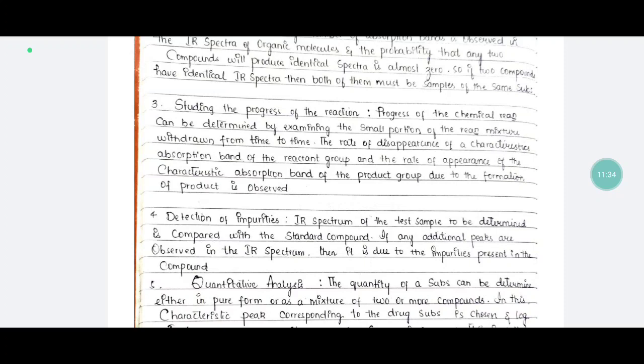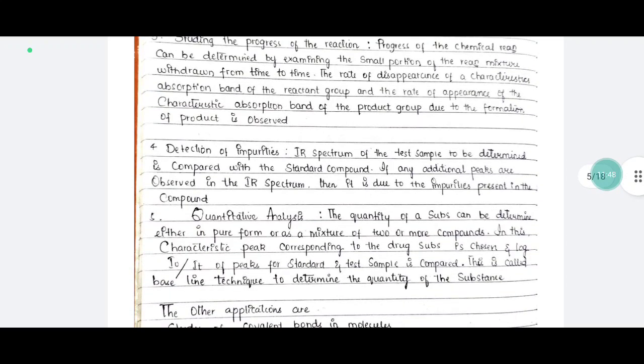You have to explain what detection of impurities is and studying the progress of the reaction, one by one. So just write out these answers, and the fifth is quantitative analysis.